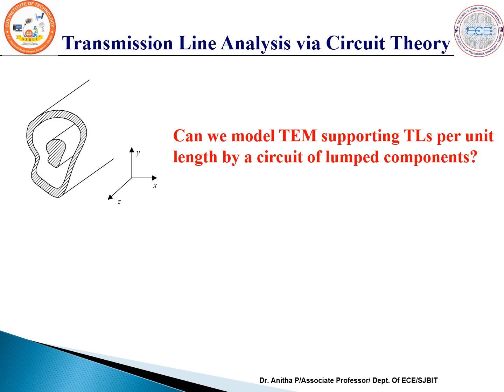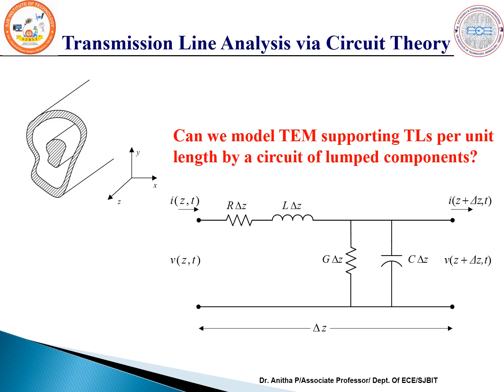Yes, we can, by writing an equivalent circuit. So you will be writing an equivalent circuit and analyzing that equivalent circuit by using normal circuit theory, and you will be determining at the other end the voltage or current values.